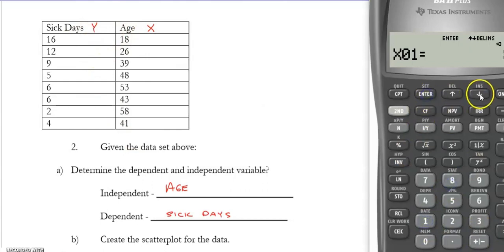So 18, enter, scroll down, 16, enter, scroll down. 26, enter, scroll down. 12, enter, scroll down, and so on and so forth. And once again, I'm going to check the data, make sure it's all correct.